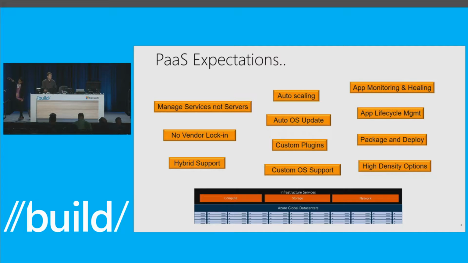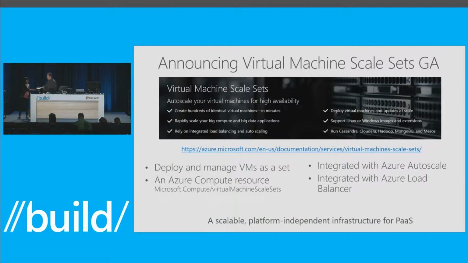But these are the most common PaaS capabilities that application developers would like to leverage when they run on any PaaS platform. So in today's talk, we'll talk about, again, these two solutions, how VM scale sets provides these on Azure, and we'll also look at how Cloud Foundry, which is an open source platform, provides this on Azure. So Guy will walk through the VM scale sets at this point.